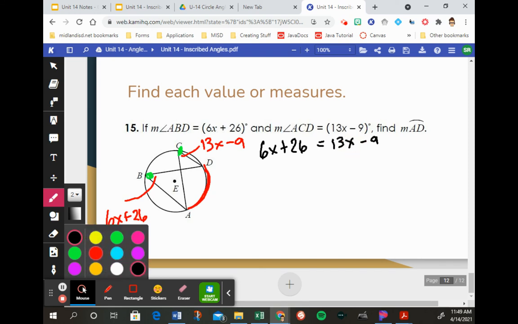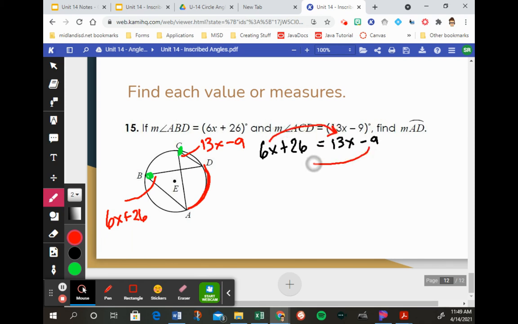I'm going to move the 6x over here and the minus 9 over here. So 13 minus 6 is 7x. 26 plus 9 is 35. So x equals 5.